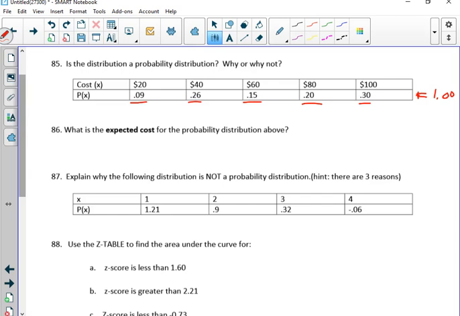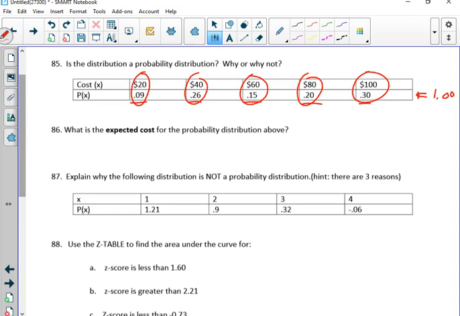Now the expected cost. This is a little bit different than the way we've done it before, but it is the same thing. You multiply each of these and then add them. We'll tie this into another problem a little bit later, specifically number 91.